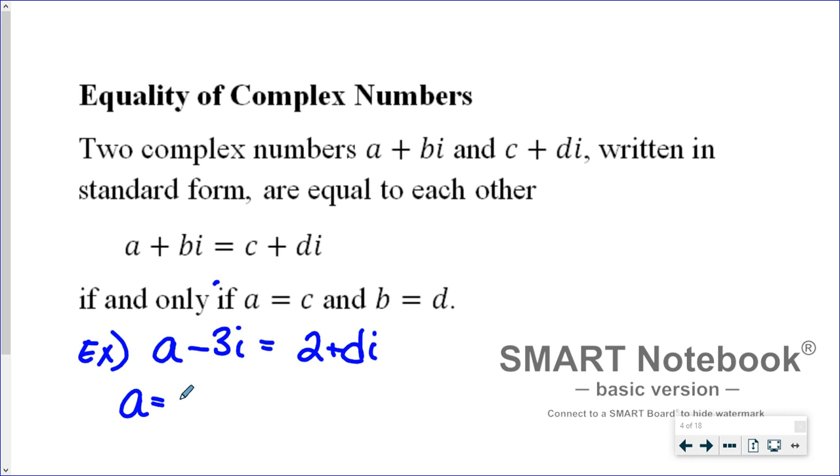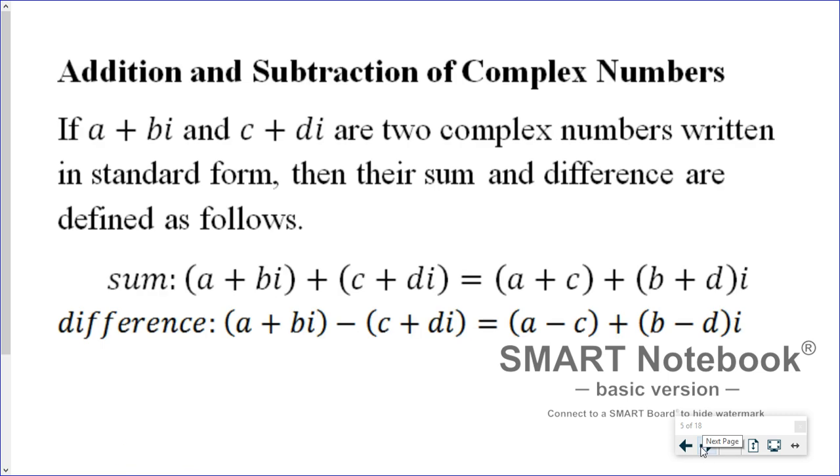Which is 2, right? And what does d have to equal here? -3, right? Because of this minus here. So that's really all there is to it. It's pretty intuitive, pretty easy. Each part has to be equal.